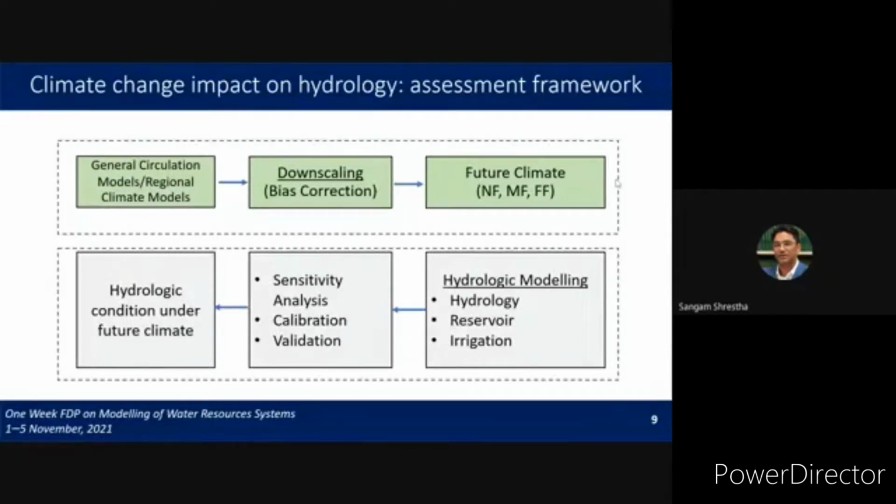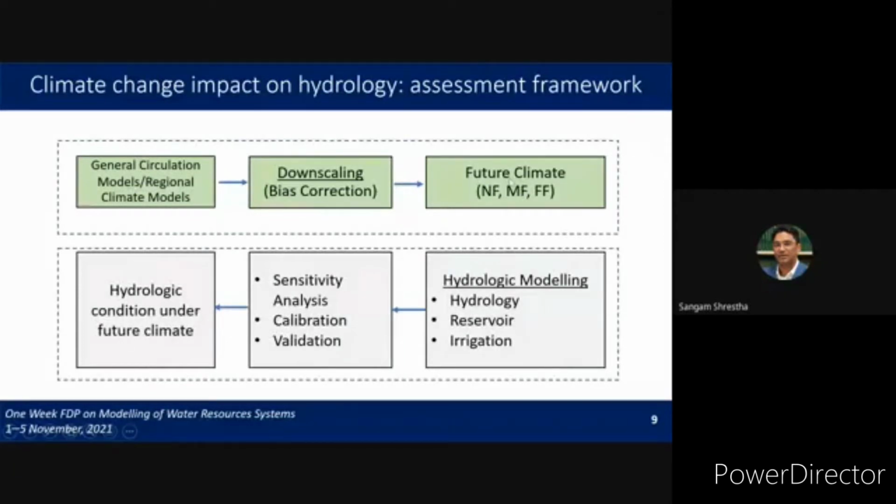For example, how the temperature will change, how the rainfall will change, and how the other climatic parameters will change in the future. Because this future climate is necessary to assess the climate change impact on the hydrology and water resources. So in the first step, we construct, we project, or we create the future climate scenarios.